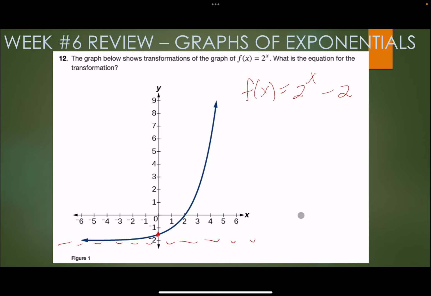We're going to get negative 1 out of that. Okay? And so it's probably been shifted right some, as well as shifted down. It might have been shifted right 1.